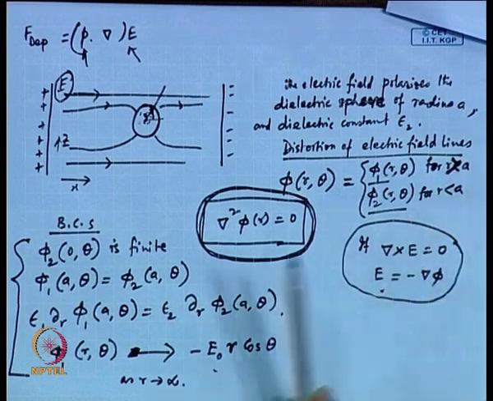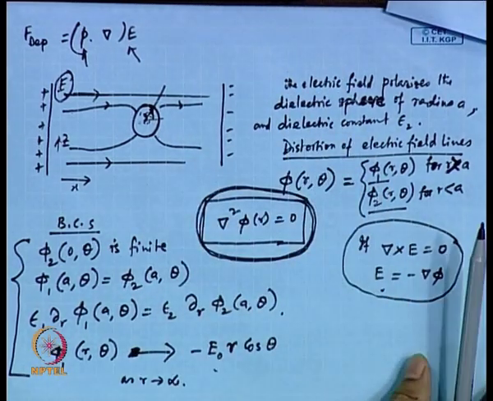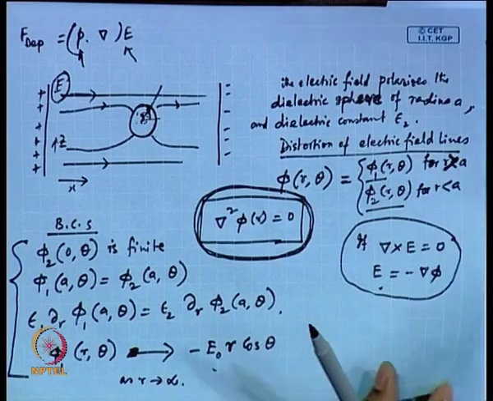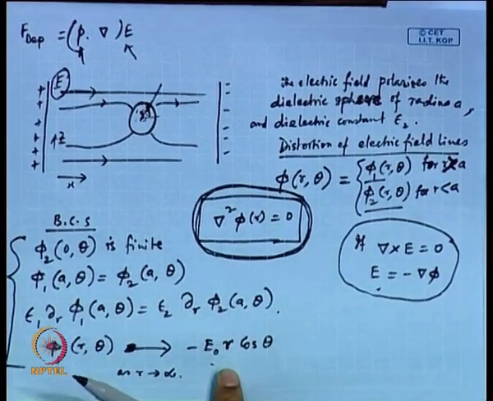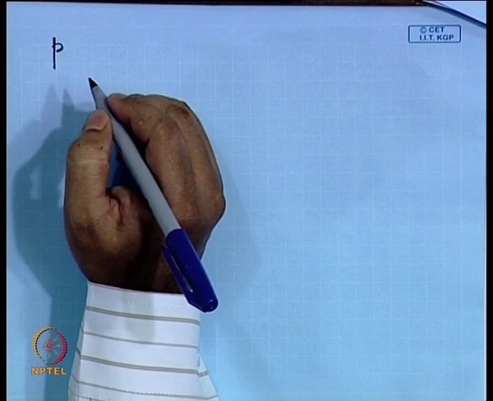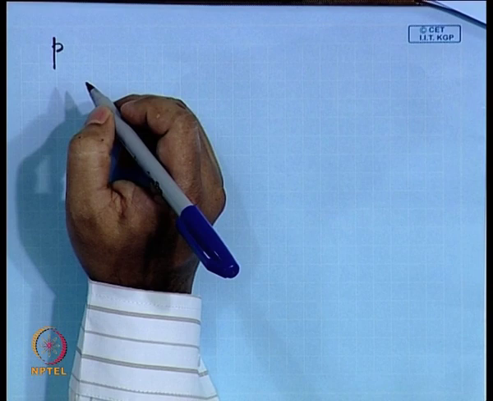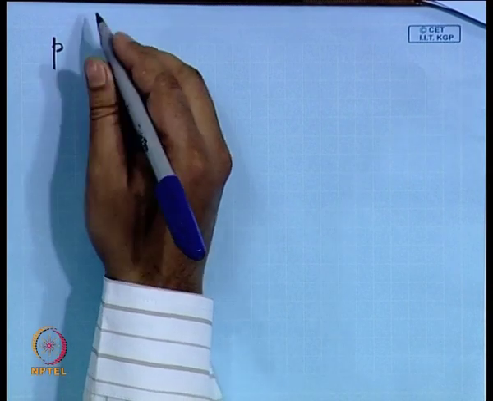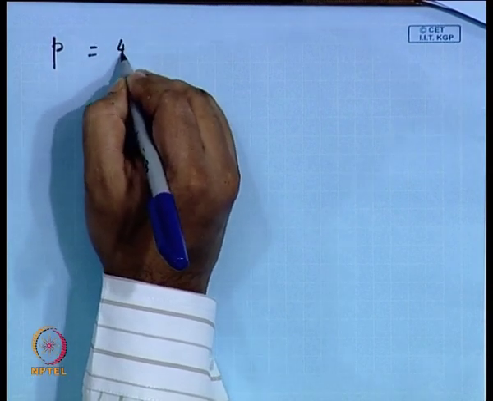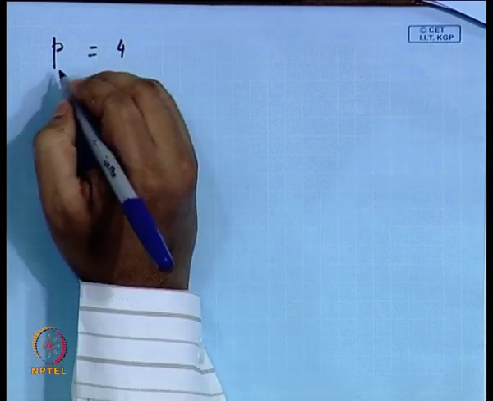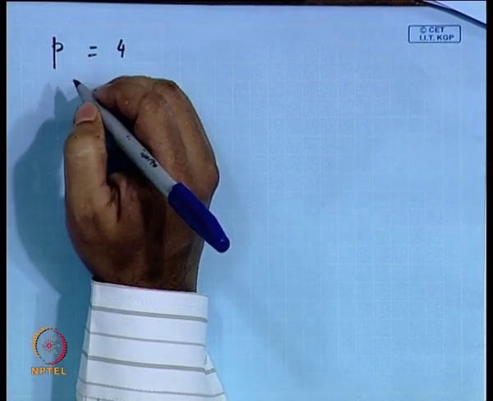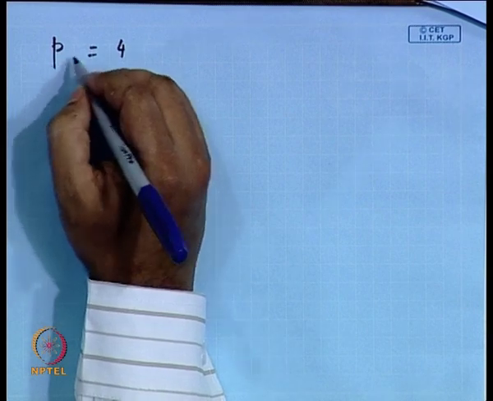So, if you solve this equation and finally get to that P, what you would end up with is P near R0.